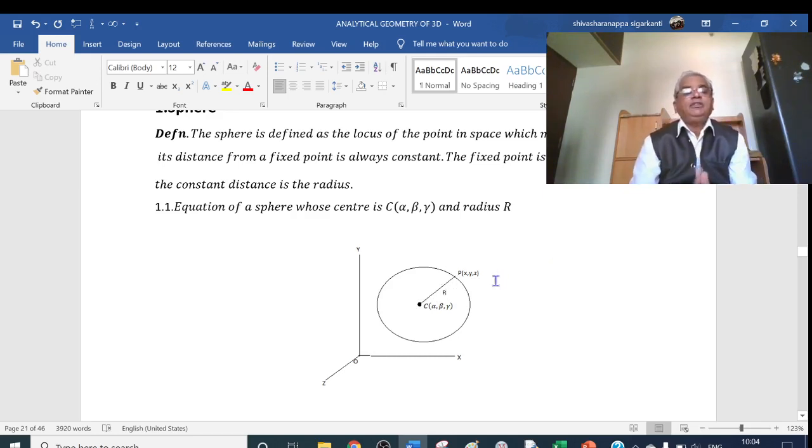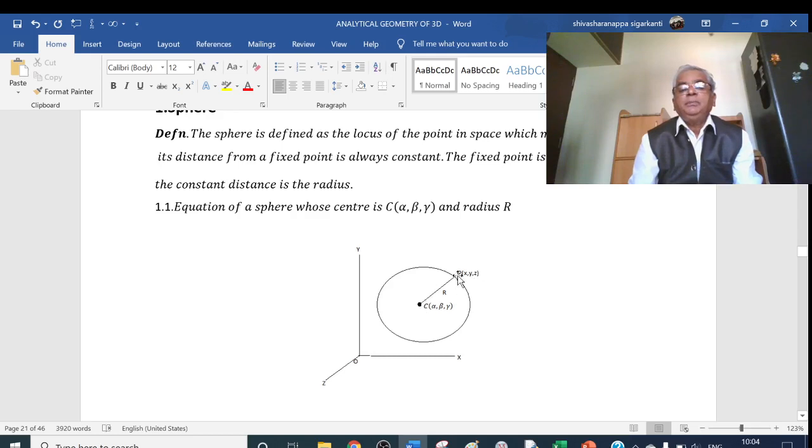Now we derive the equation of a sphere whose center is at the point C (alpha, beta, gamma) and radius is equal to r. C is the center, and let P be any point on the sphere.